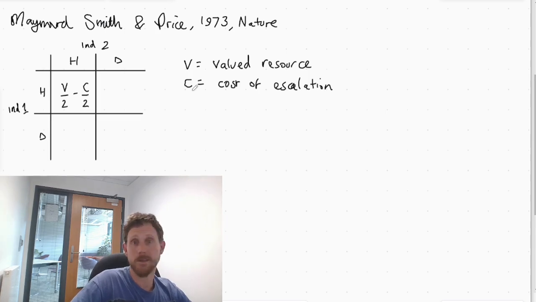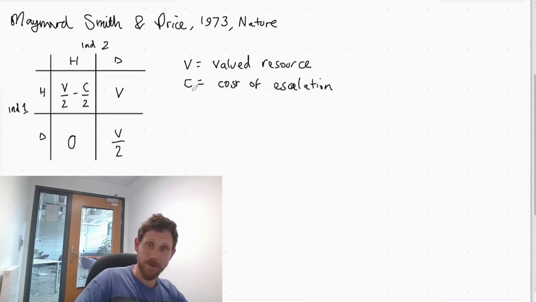If a hawk meets a dove, the hawk will gain the resource V, while the dove, if it's our focal individual, walks away with nothing. If two doves meet, they're going to share the resource V between them.